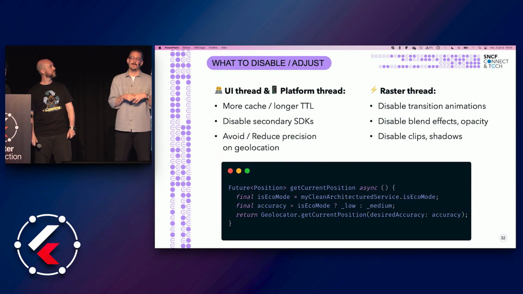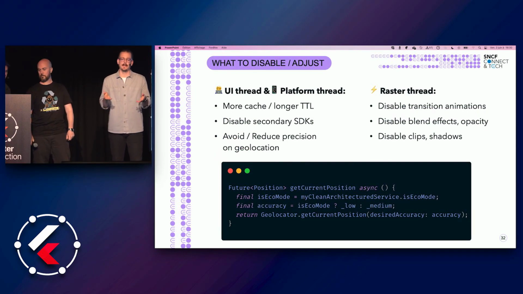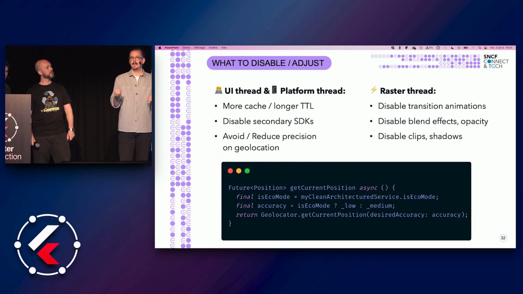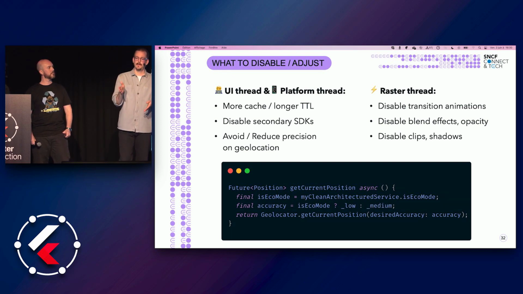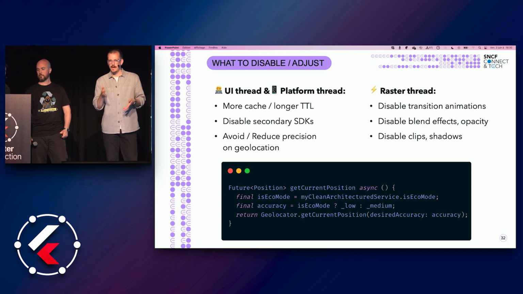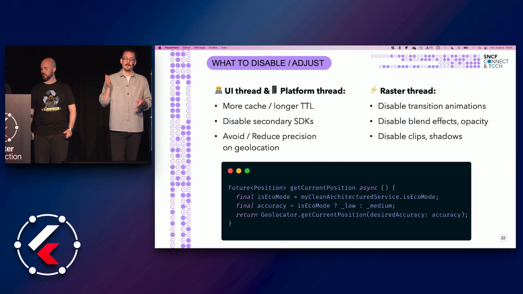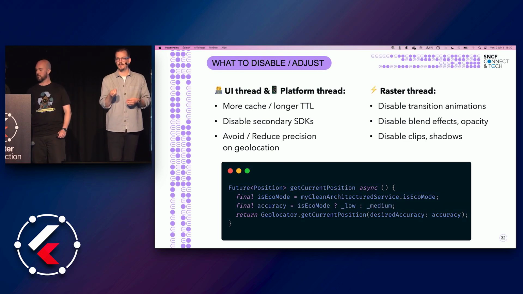So once you target when you need an eco mode, it's much more easy to cut down some code for those specific situations. So you can target the UI thread or the platform thread, like have more cache in your app in this case, or longer time to live for it. You can disable secondary SDK that are not mandatory.